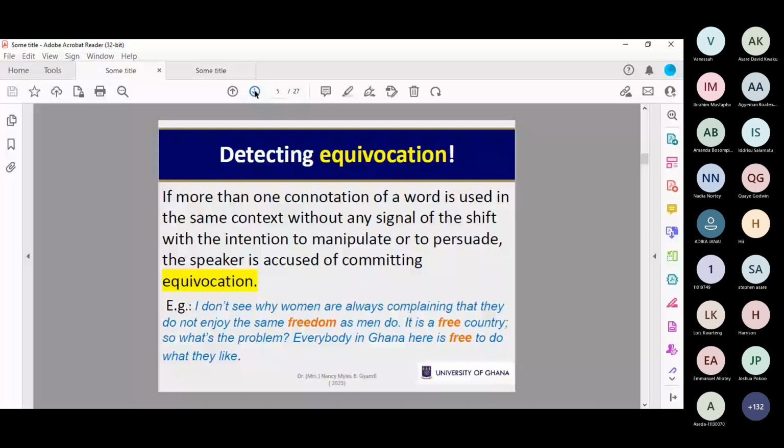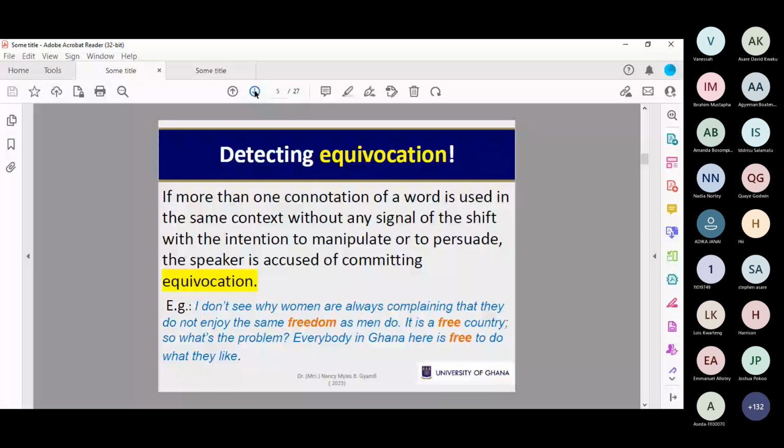When you use the different meanings of one word in the same context as if they mean the same, you see, the word is one, but it can have more than one meaning. So you are using the different meanings of that one word in the same context, as if both meanings refer to one thing, okay? Without a signal, then you are committing equivocation.